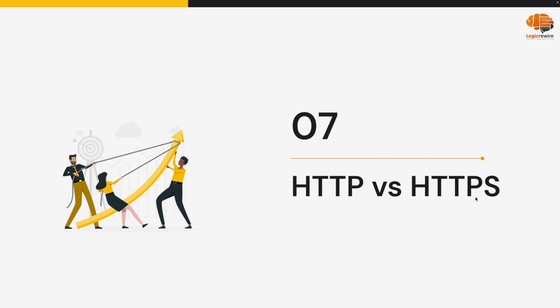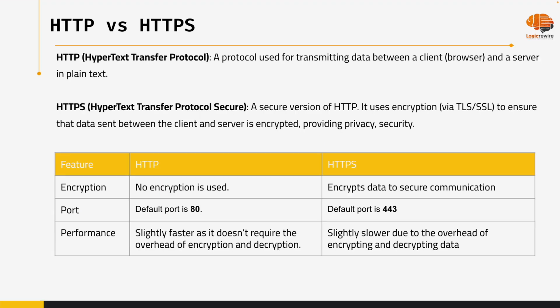It is a way of securing your information, or securing the communication between client and server, so that hackers cannot attack it and other persons cannot take that information in between. It is highly secure communication between client and server.